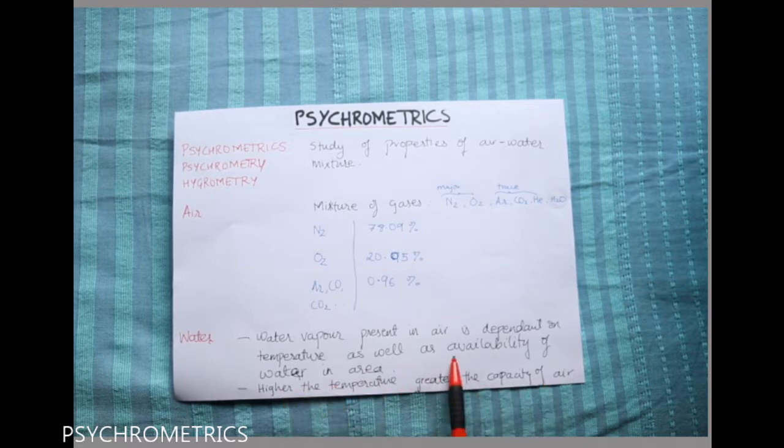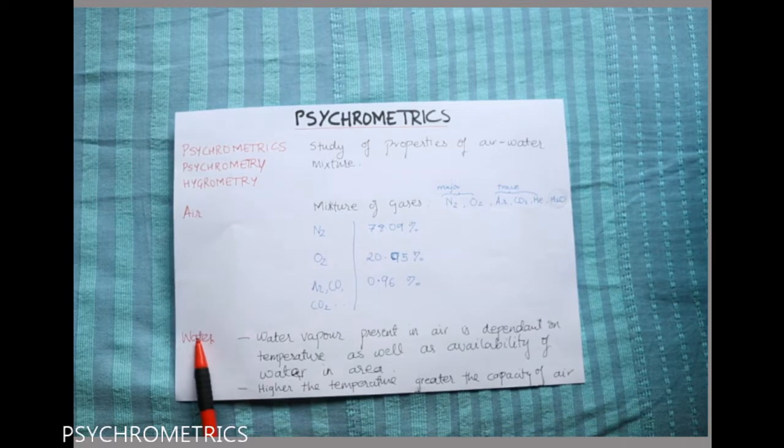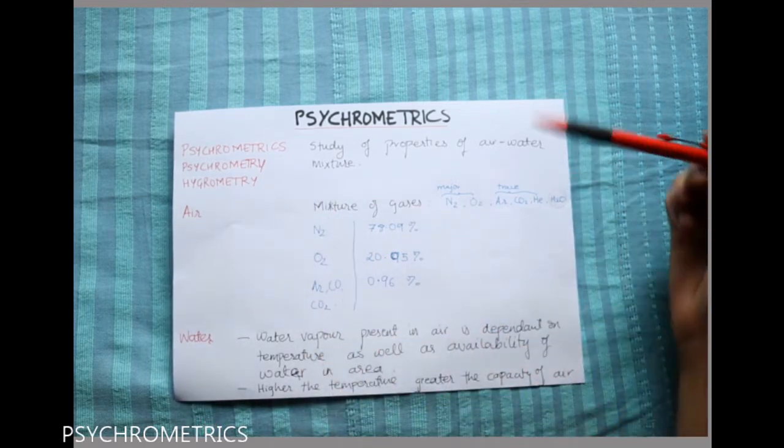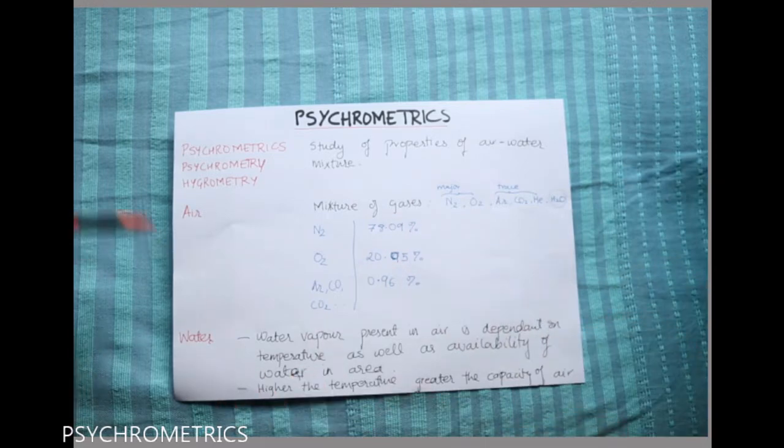And obviously availability of water is also an issue. You will not find a lot of water vapor in a desert. Okay, so this is what we are studying: air and water mixtures, which comes under the topic psychrometrics. Other names for psychrometrics are psychrometry as well as hygrometry.